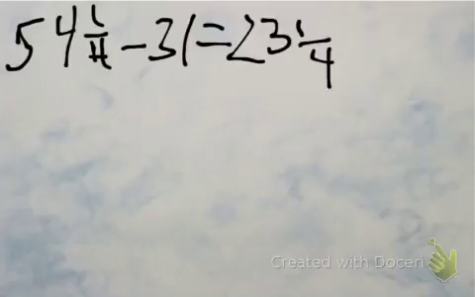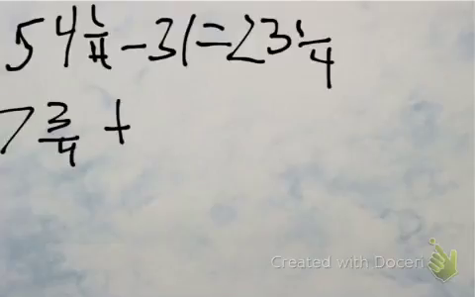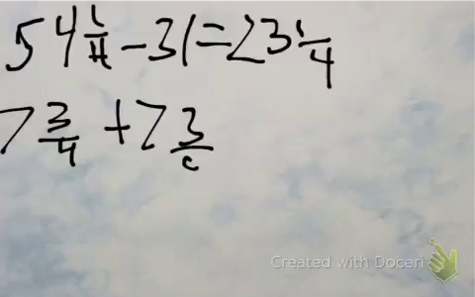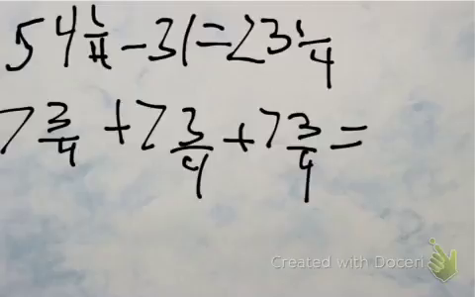So after 4 panels are used, 23 1/4 feet will remain to be fenced. Each panel covers 7 3/4 feet. 7 3/4 plus 7 3/4 plus 7 3/4 equals 23 1/4 feet.